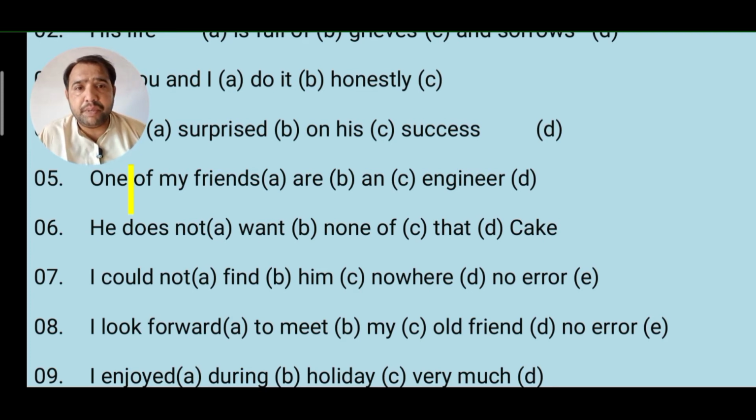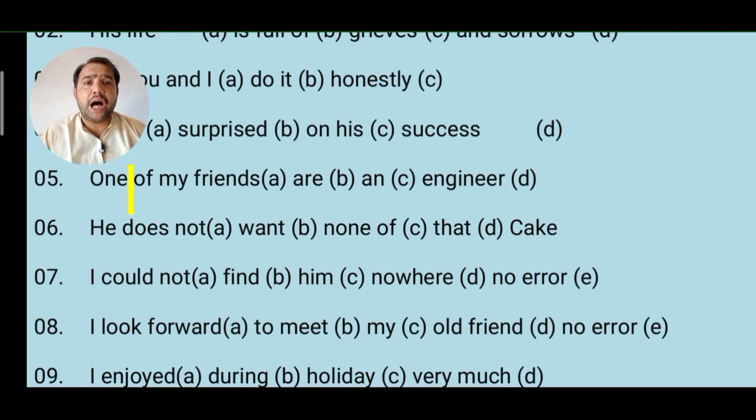According to number 8, I look forward to meet my old friend. Here guys, you will notice that our first part starts with a structure like look forward. Such types of structures, if they are used in sentences, we have to add the ing form, like I look forward to meeting my old friend.